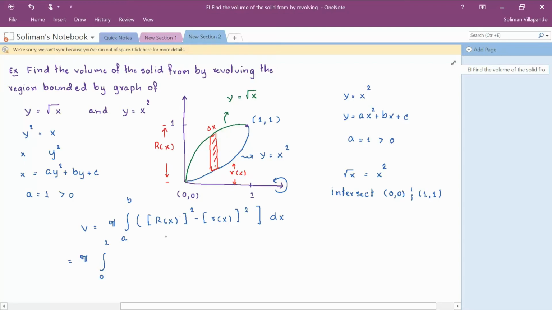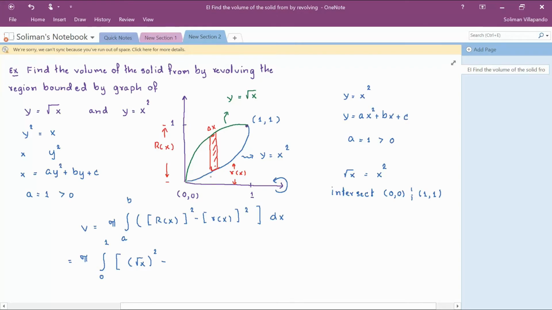So it's going to be square root of x, squared, minus the smaller circle, which is from the x-axis to the blue graph.